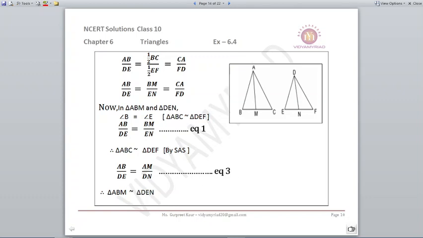Number 2, AB upon DE is equal to BM upon EN. Let it be equation number 1. We have just done it here. So by SAS criteria, the triangles are similar, and when these two triangles are similar, their corresponding sides will be in proportion. That is, AB upon DE will be equal to AM upon DN, and hence the triangles are similar.